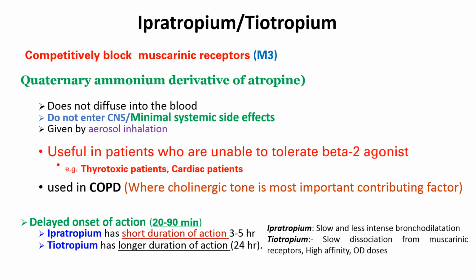And if you compare anticholinergics such as ipratropium bromide or tiotropium bromide with the beta-2 agonistic drugs, though these anticholinergic drugs have lesser efficacy compared to beta-2 agonistic drugs, one advantage is that you can use these drugs in patients who are not tolerating beta-2 agonistic agents, because sometimes in higher doses, or in some patients even in therapeutic doses, some cardiac manifestations can be seen with beta-2 agonistic agents, or in a thyrotoxic patient, they might not tolerate beta-2 agonistic agents.